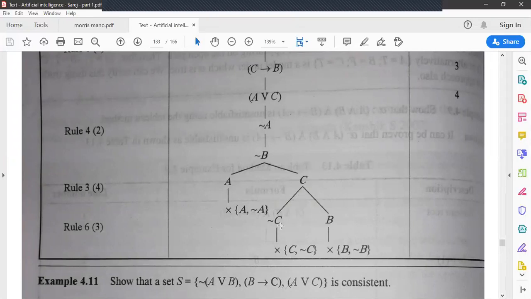So you get here not C and C. So again they both get cancelled, and then this path is also closed. Further you cannot apply any rule on this. And then this also, because its parent's parent, here not B and this is B. Again both get cancelled. So this path is also closed.